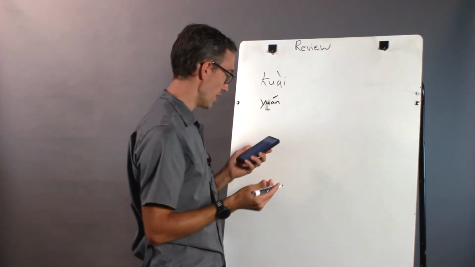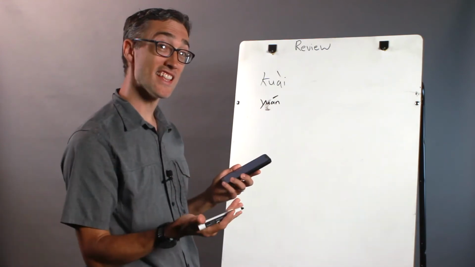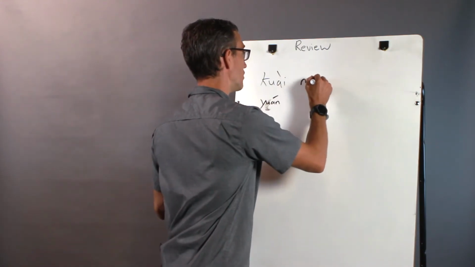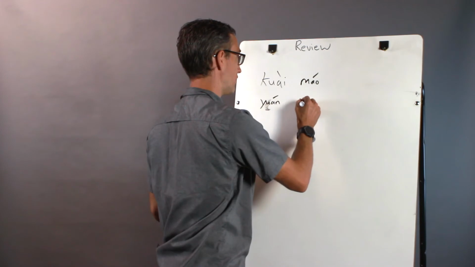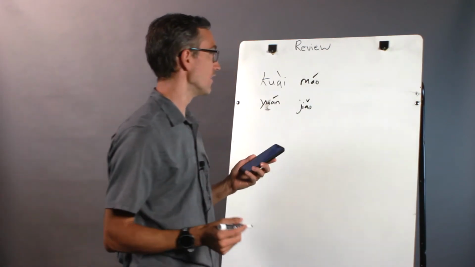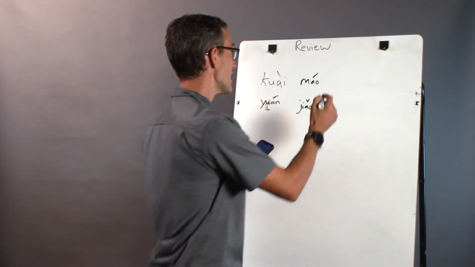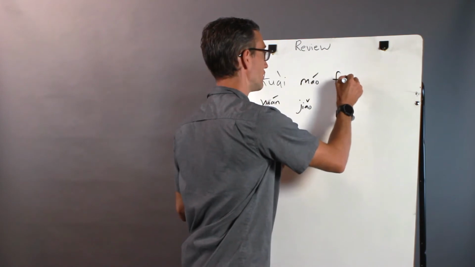Kuai or yuan. And then the next one is tens, which is mao or jiao. And then lastly, for the hundredths or the cents is fen.